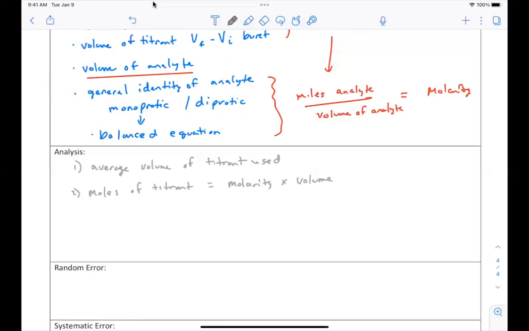But remember, molarity is what unit? Not liters, decimeter cubed. And volume needs to be therefore in decimeters cubed. So make sure your units are matching. That's a big mistake that students can make.